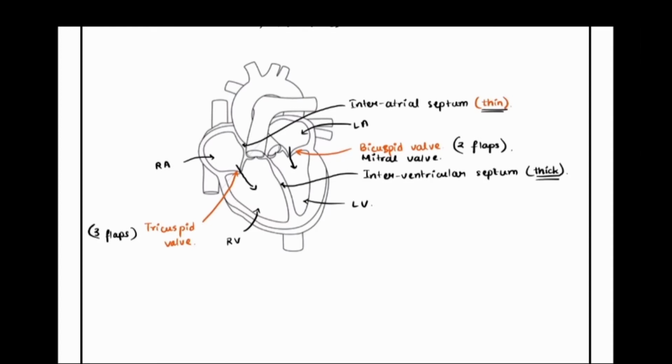In the right atrium, the blood comes through a vessel which is called the vena cava. This is the vena cava, and this is also the vena cava.